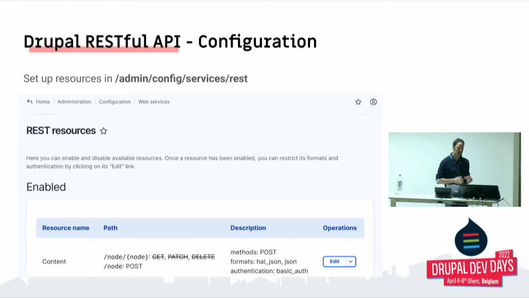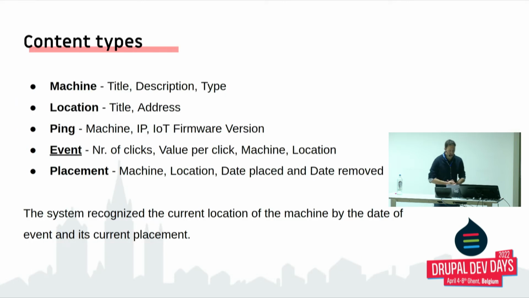We'll just enable one, because our plan is to keep it simple here, and we just stick with content types. We use nodes. It has what we need. It has titles. We can add fields. So we didn't create a custom entity, even though we could. We just enable this resource, and as you can see, it crossed get, patch, and delete, so we just use post. And we'll use JSON for the output.